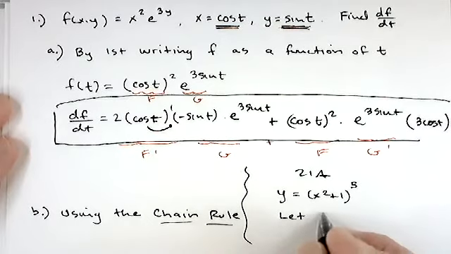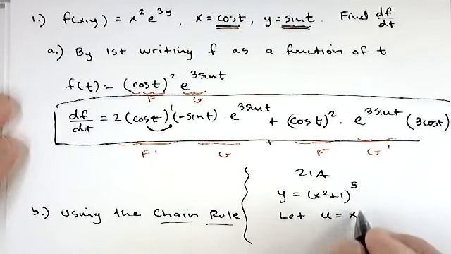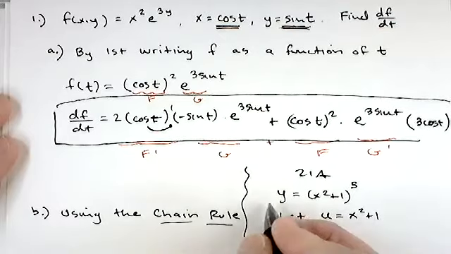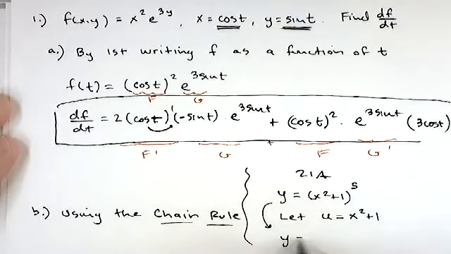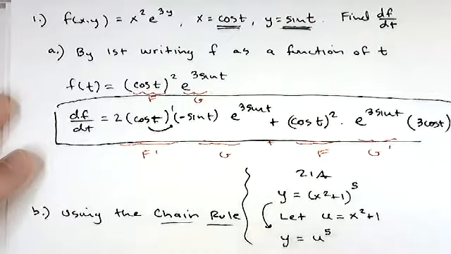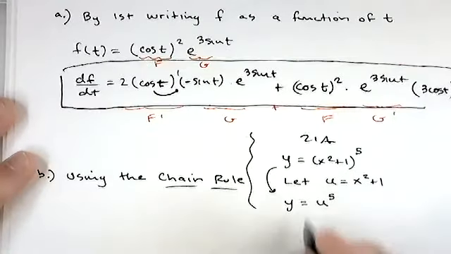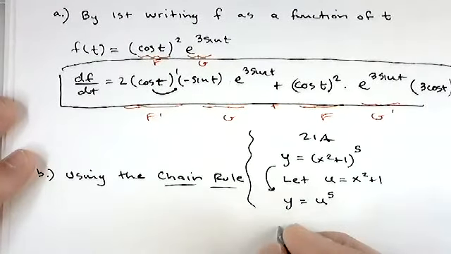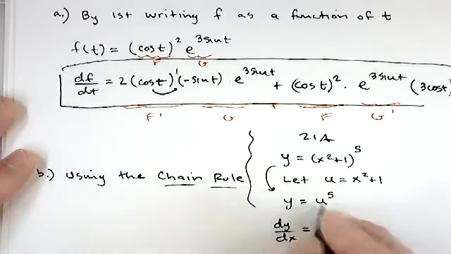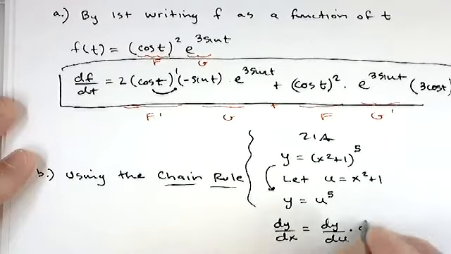If you let u equal x squared plus 1, then you can rewrite this function. You can think of this as y equals u to the 5th. And you may remember this formula. If I want to find the derivative of y with respect to x, I first have to find the derivative of y with respect to u, and then multiply that by the derivative of u with respect to x.